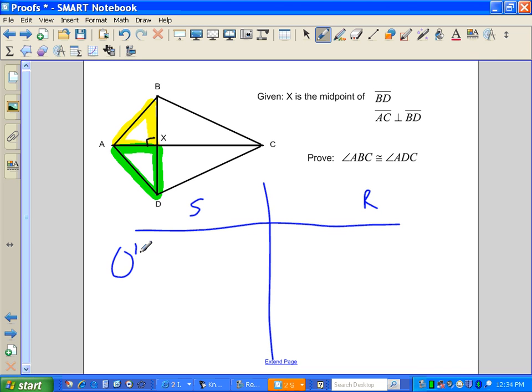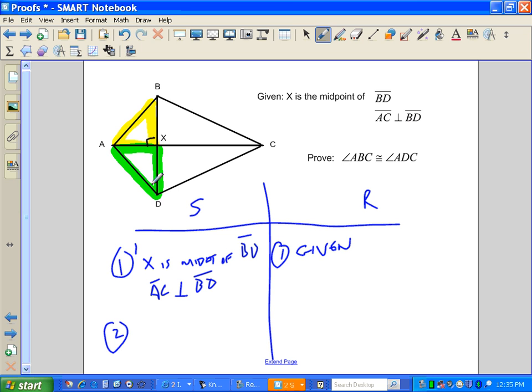Number one: X is the midpoint of BD and AC is perpendicular to BD. Put the little lines over because we're talking about segments, and the reason for that is given. And then let's go with what we know.